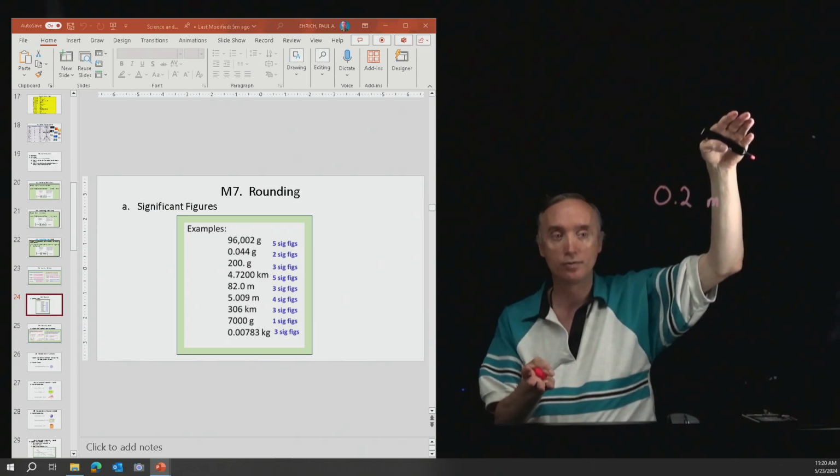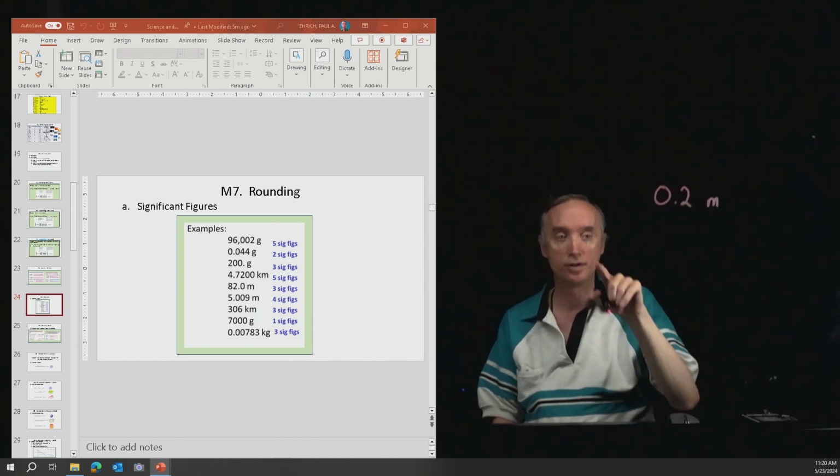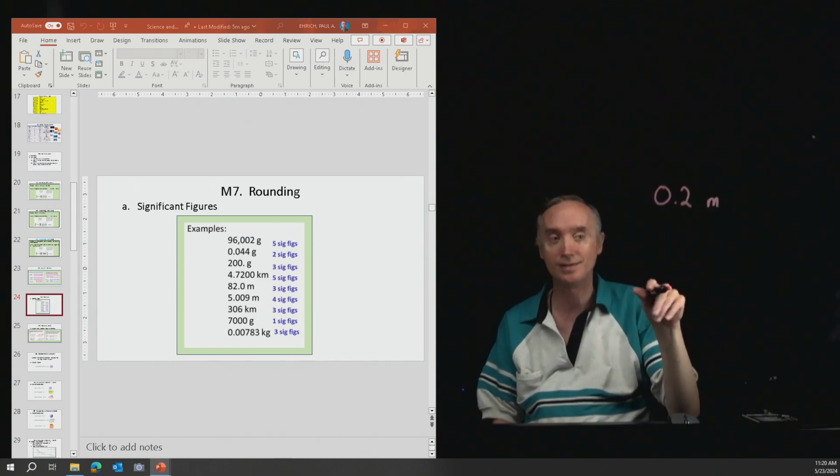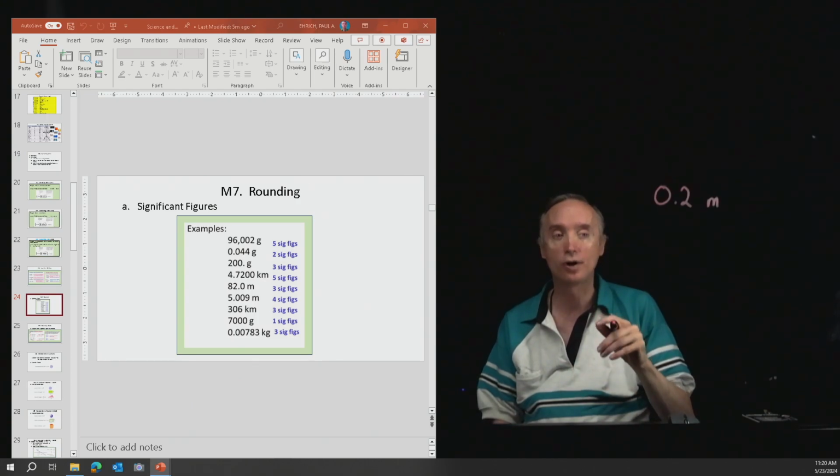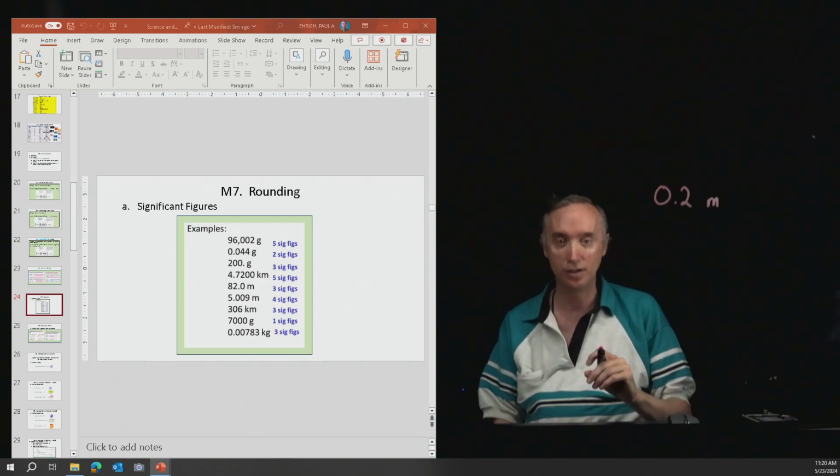Now, if you remember, the numbers on the meter stick were the centimeters, and there were 100 centimeters in 1 meter, but you could be more accurate than just reading it to the centimeter number. You could also use the millimeters.